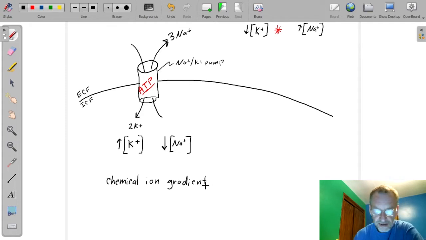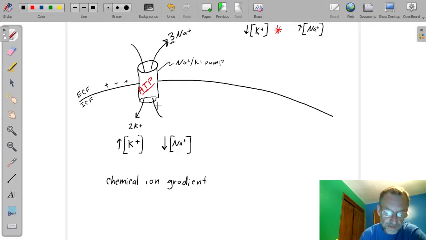And that sets up a charge difference across the membrane. If you just look at the number of positively charged ions going across, there are 3 sodiums going outside and 2 positively charged potassiums going inside. So if you looked at nothing other than the number of cations being pumped across the membrane, there are more positively charged ions being pumped out than coming in.